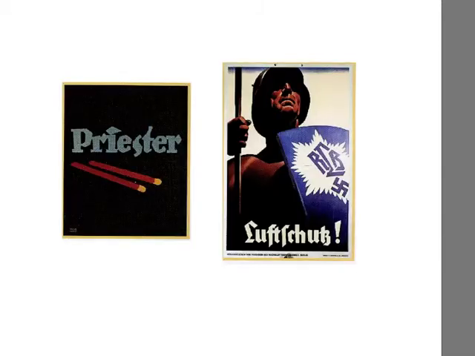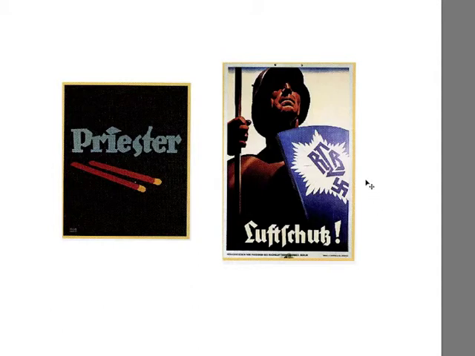As time went on and World War I became closer and more imminent, we started seeing things like propaganda posters. This one on the right here, which I believe says Luftschutz, which means air protection, is a propaganda poster that has the swastika on it, and it's kind of a pro-military poster with the man looking to the sky, talking about air raids and the importance of protecting our country with airstrikes.